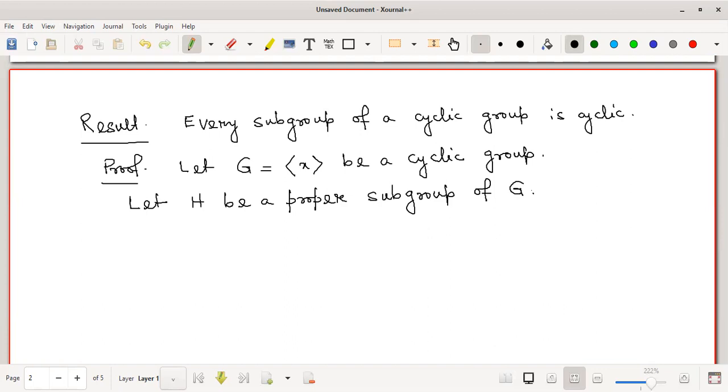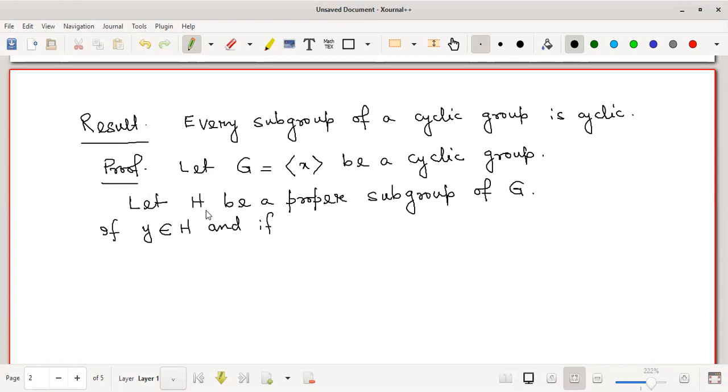Okay. Now how to do it? If y belongs to H, then y belongs to G. But G is generated by an element x. I want to prove that my H is a cyclic group. So what is my goal actually? My goal is to find a generator.